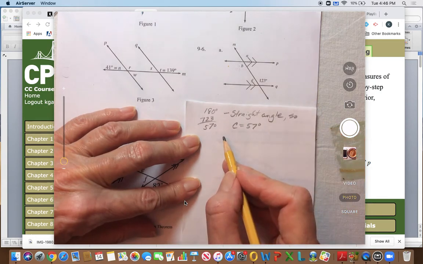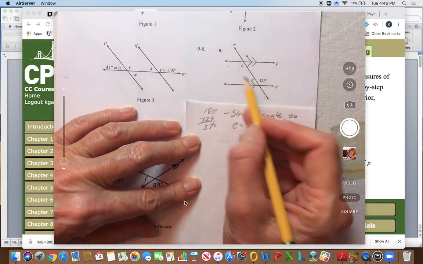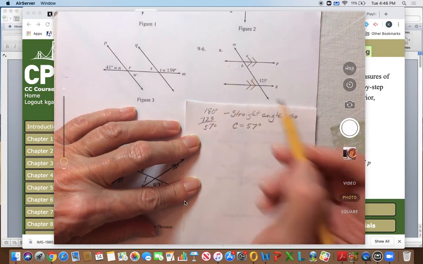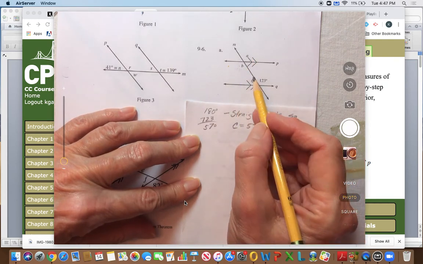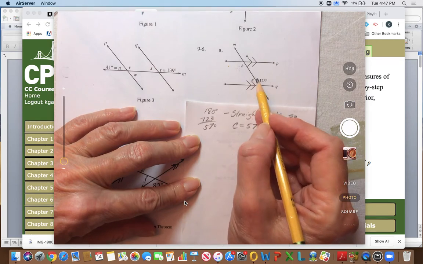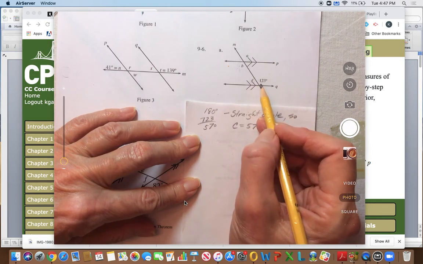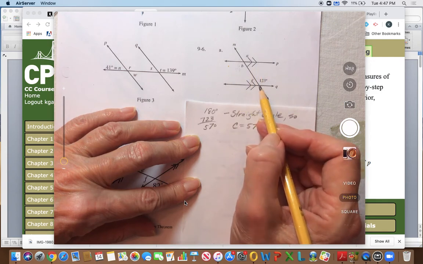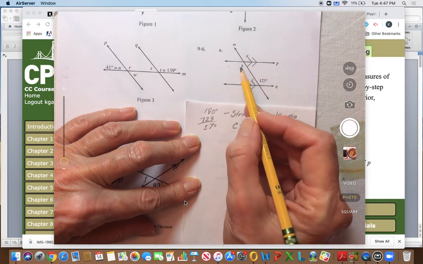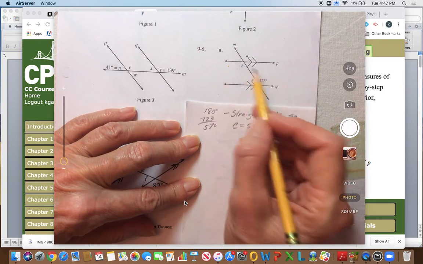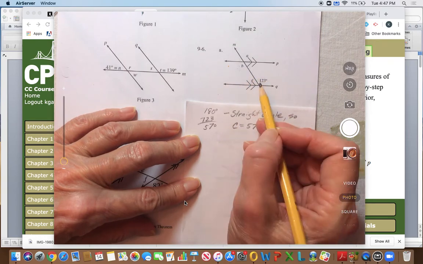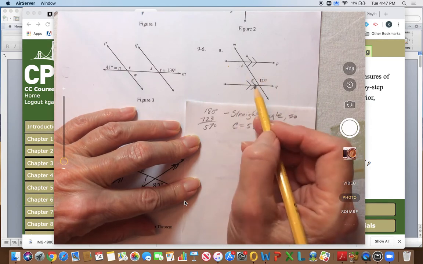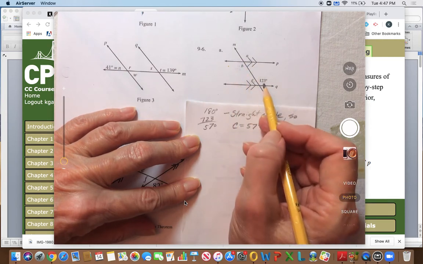All right, so the next one, now we have to figure out what B and A are. Well, let's see. In this case, I'm looking at 123 and I notice that it is on the interior of the parallel lines, and so is B, and that they are on opposite sides of the transversal. So these are alternate interior angles.